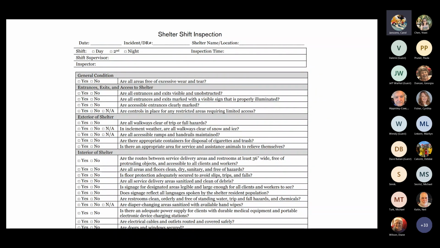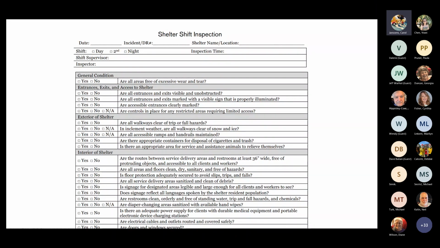We want to be able to bring that to them, and let logistics and facilities know that there was a hole accidentally punched in the wall, or that somebody hung up a sign, and we should only ever use painter's tape, but when you took it down, it took the paint off the wall. So we want to know where that damage is ahead of time, and we also want to make sure the shelter is safe for the clients, that we're keeping everything safe.